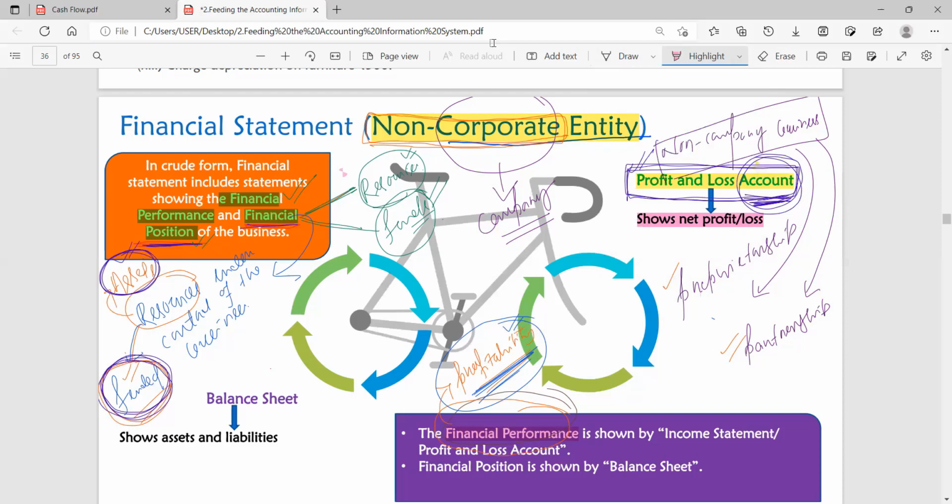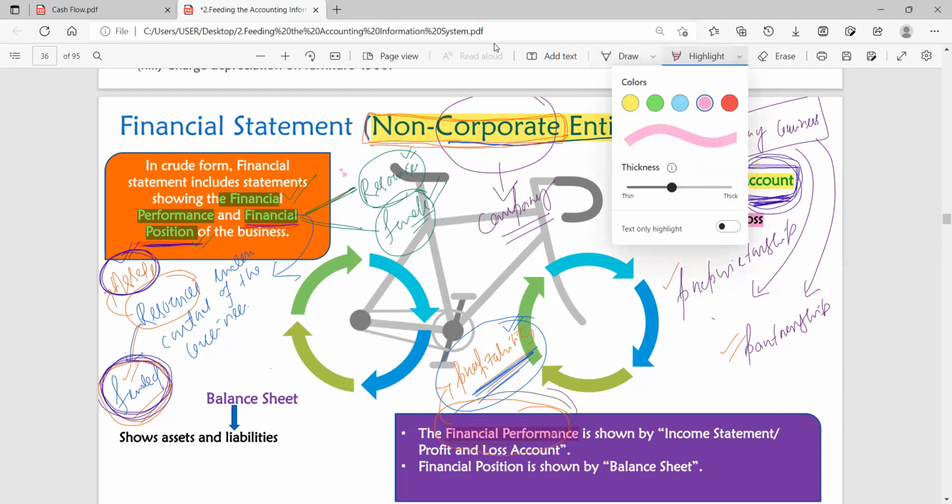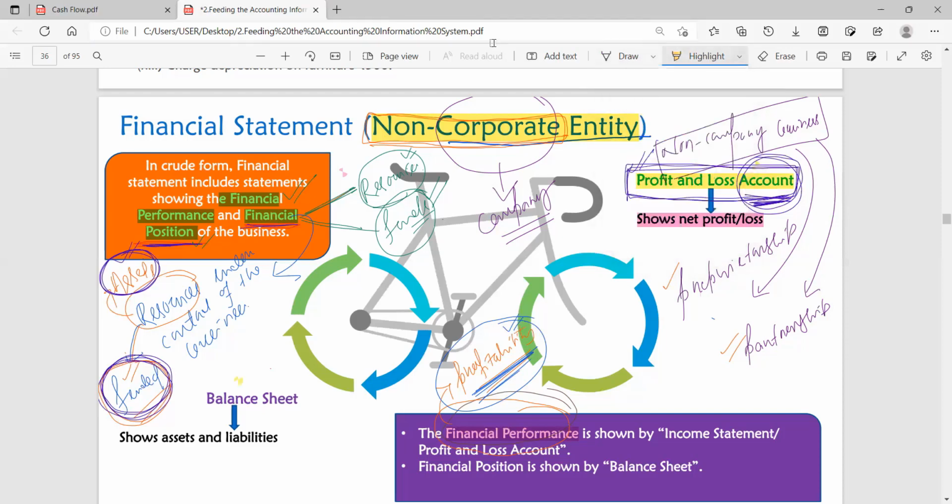The statement which shows the funds and resources which are controlled and used by the business is called the balance sheet. It is another typical accounting name. The balance sheet shows basically the assets, or resources, and the liabilities, which are the funds. Which funds did we get? Where from did we get the funds to create these assets?